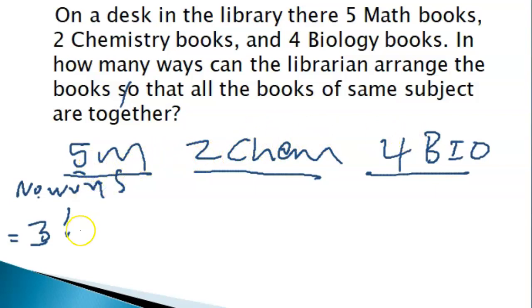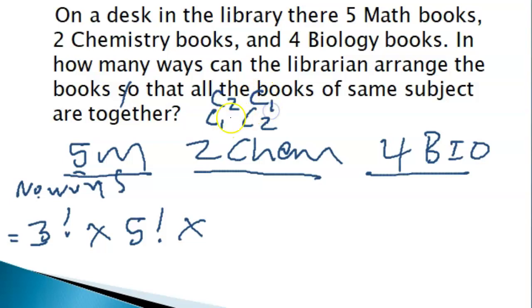Now these 5 math books, remember it's 5 different math books, within themselves can be arranged in 5 factorial ways since there's 5 of them. And these 2 chem books can be arranged in 2 different ways. So the first chem book can go here, and the second chem book can go here, or it could be the second chem book at the front and the first chem book after that in the middle.